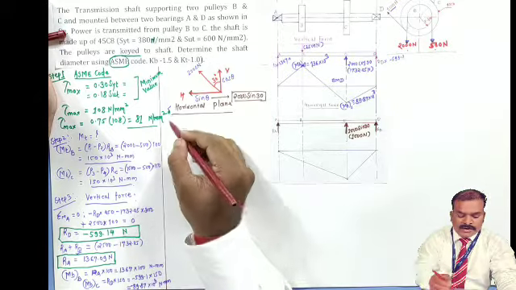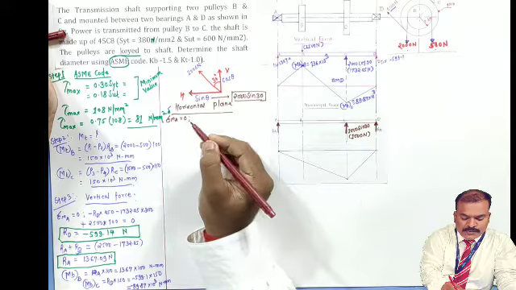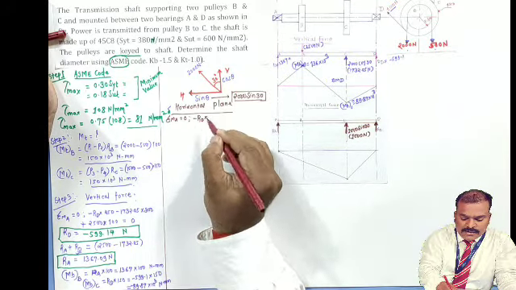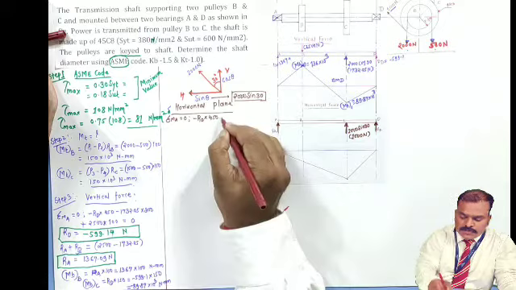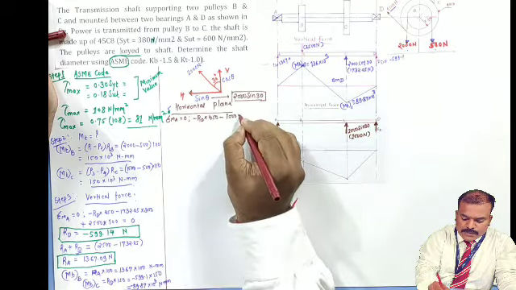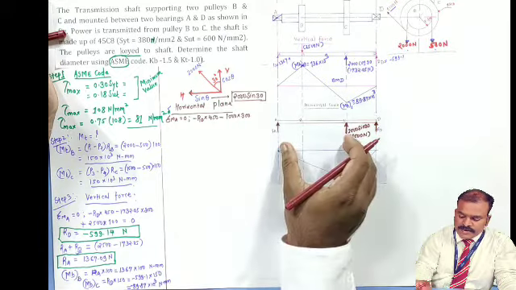It needs to be calculated one by one. I'll take moment with respect to A equal to 0, so I'll get minus RD into distance 450, another force minus, moving upward, 1000 into distance 300.